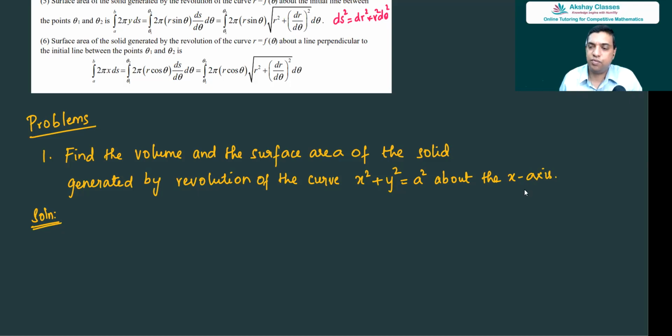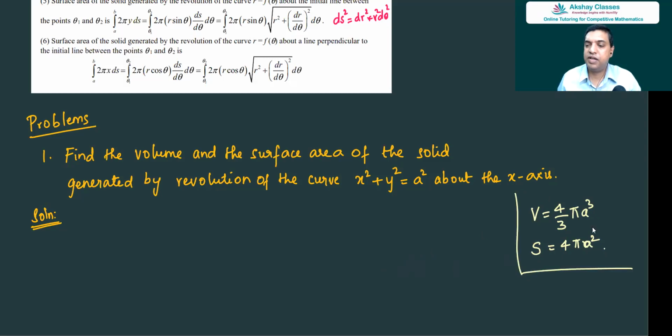From mensuration we know the volume of a sphere is 4 by 3 pi r cube, so r is a here, so 4 by 3 pi a cube, and the surface area of a sphere is 4 pi r square, so r is a. So we should be getting these answers. If you get an objective question, you directly have to give these answers. However, to see how this method works for us, to get a feel of this, we will have to use this. So now let us start.